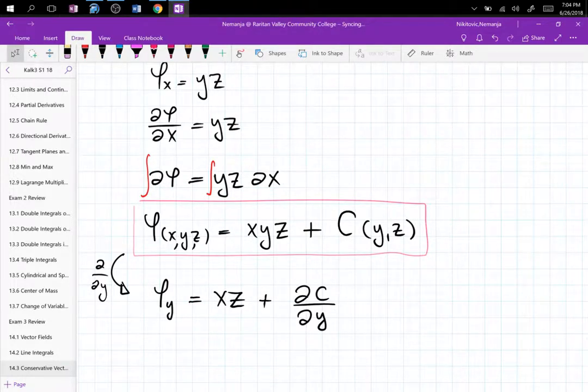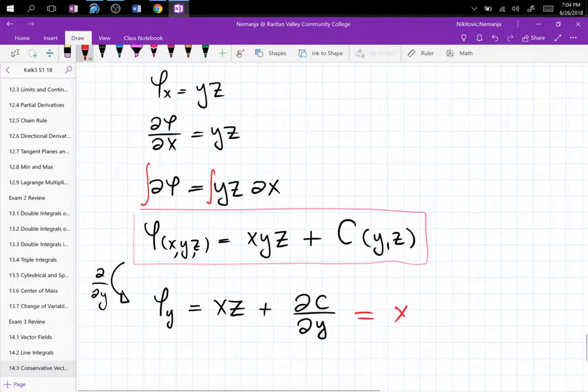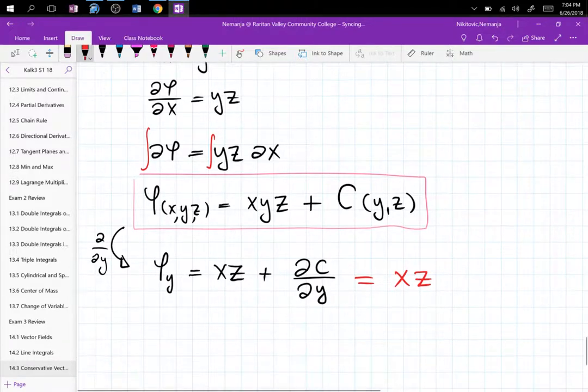Why are you choosing y? I could do z, it's fine. But let's just go in order. Let's go OCD. And I'm going to set this equal to whatever phi y is here, and that's xz. Okay, so that's xz, right, from up there.